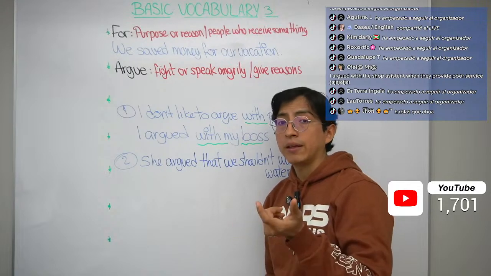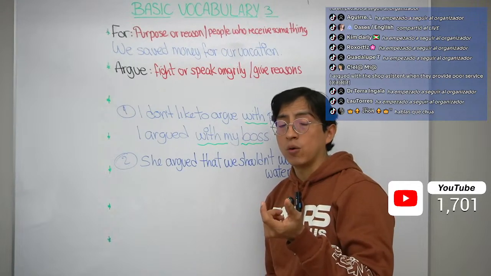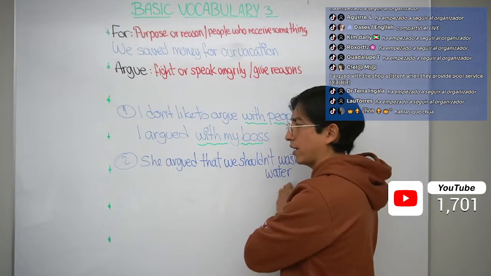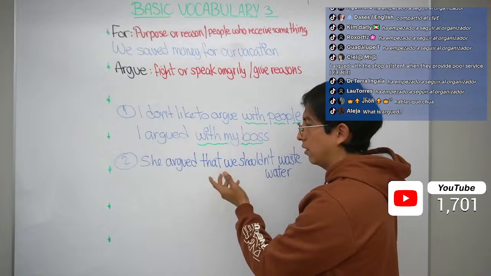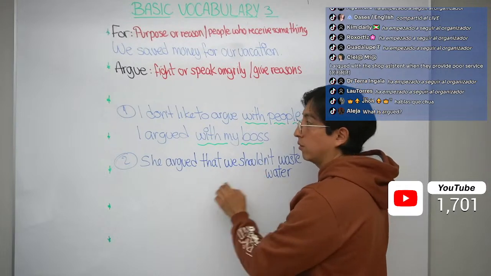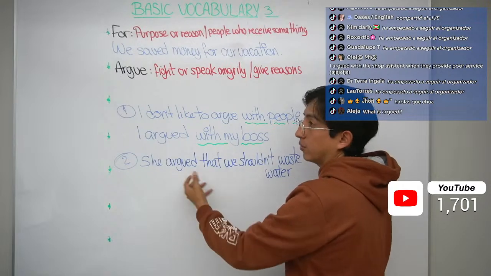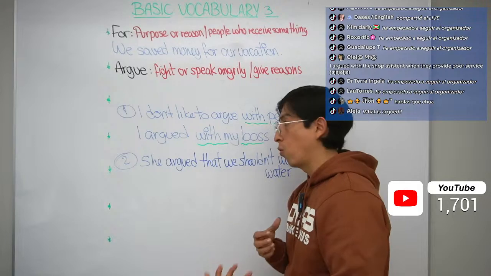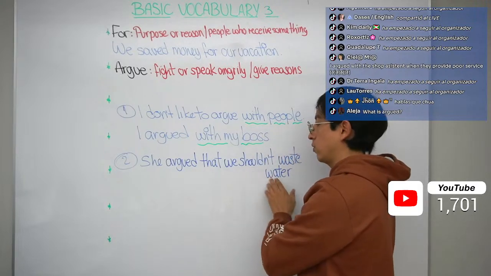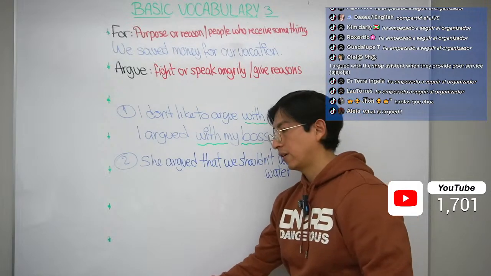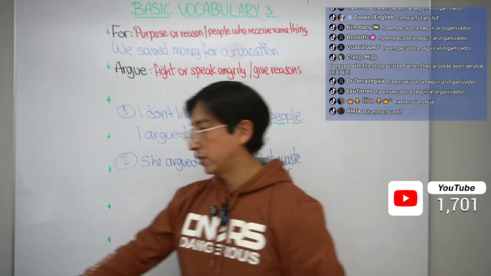They're wasting water. So she says, "Hey, that is incorrect. We should correct this. We should avoid wasting water." So she argued. She's giving reasons. She is mentioning why we shouldn't waste water. That is the first thing that we are doing here.